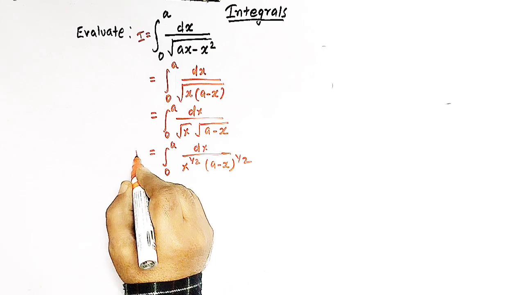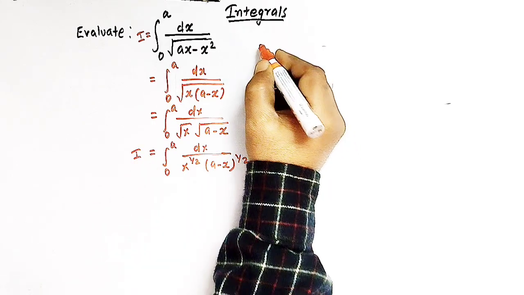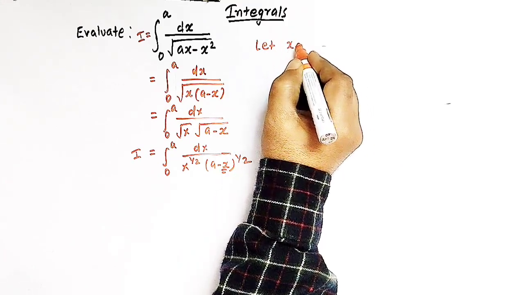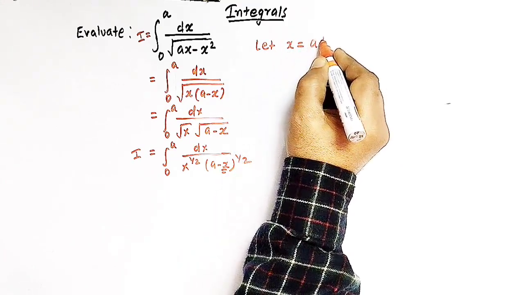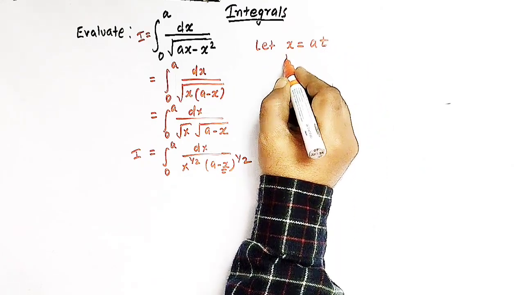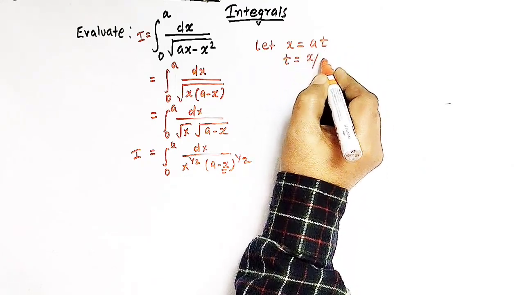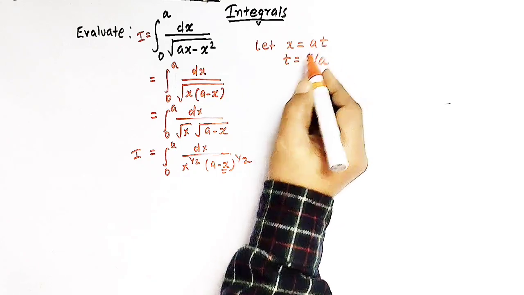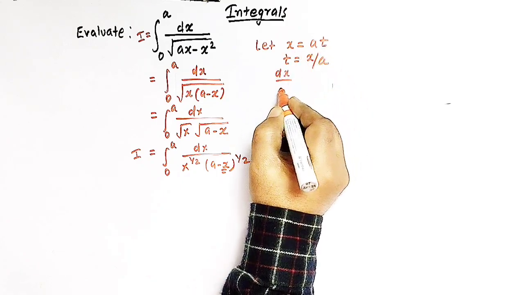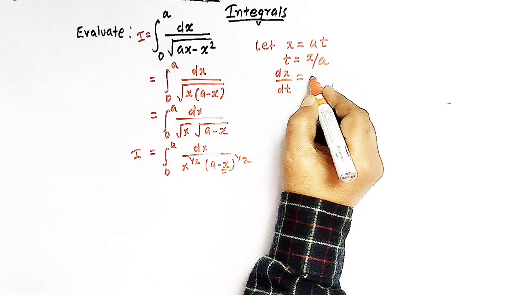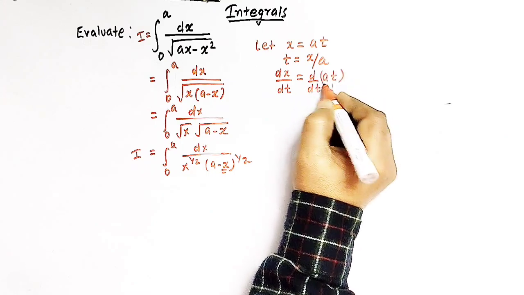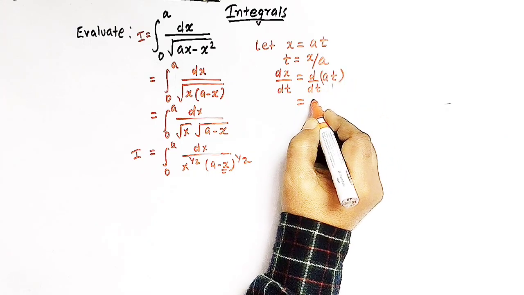Okay, now let us make the substitution, that is x is equal to a times t, right? So that t is equal to x over a. So let us differentiate x with respect to t. So we have dx over dt is equal to d by dt of at, and a is a constant.